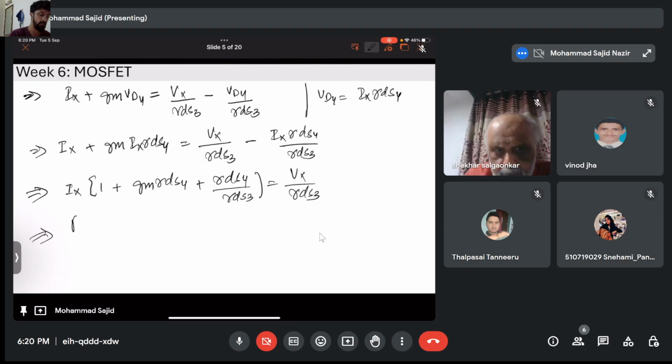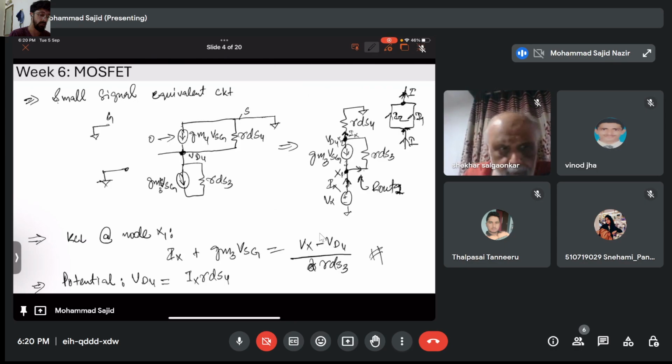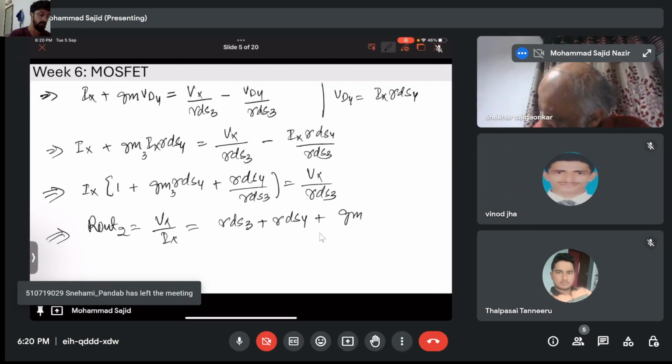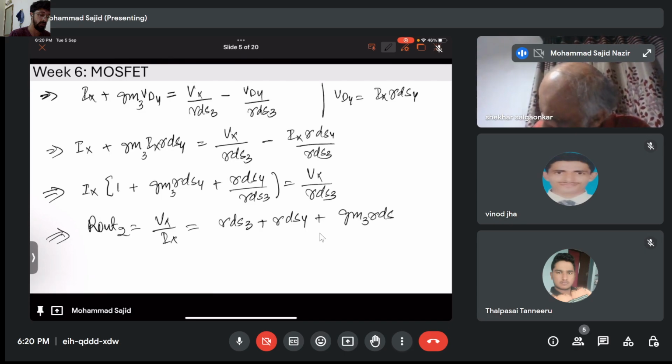Now we know R out two will be Vx by Ix. Just multiply by RDS3 on both sides. It will be RDS3 plus RDS4 plus GM3 RDS3 RDS4.